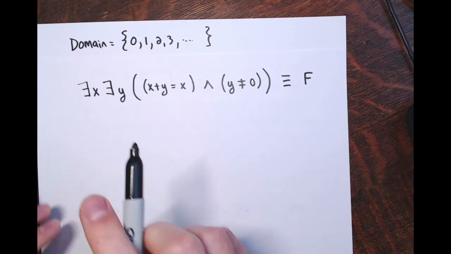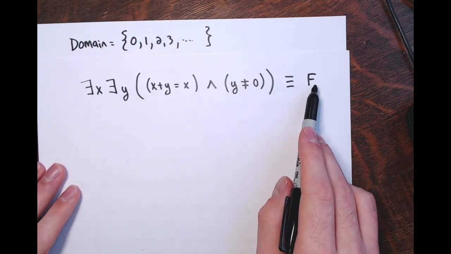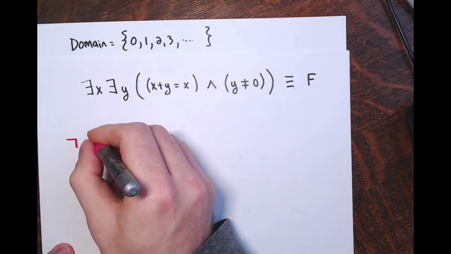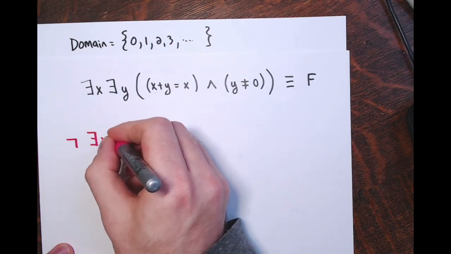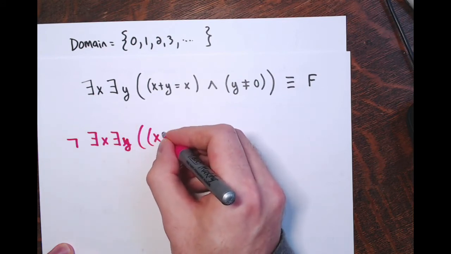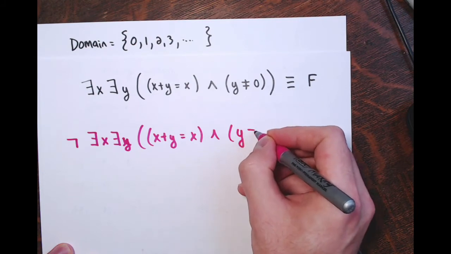Okay, so this was number 3, and we just got through saying that this statement was false. Let's look at the negation of that statement. The negation of: there is an x and there is a y such that x plus y equals x and y is not equal to 0.